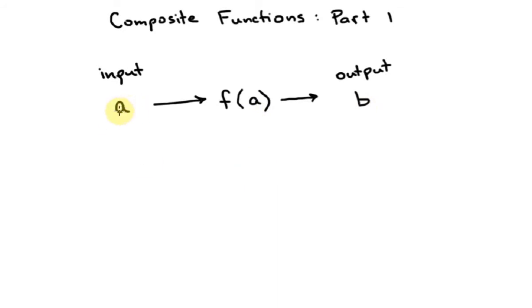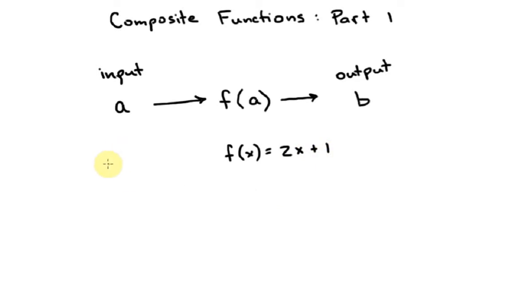Now this input doesn't have to be a number. What if it was something a little bit more complicated? Let me give you an example. Let's say f of x is: we double x and then add 1.